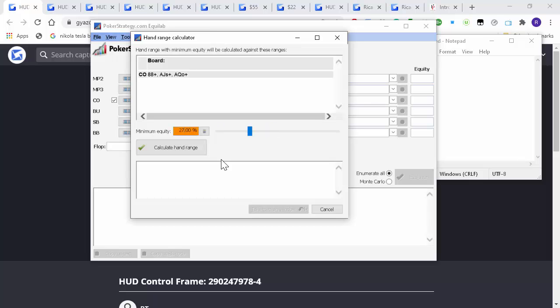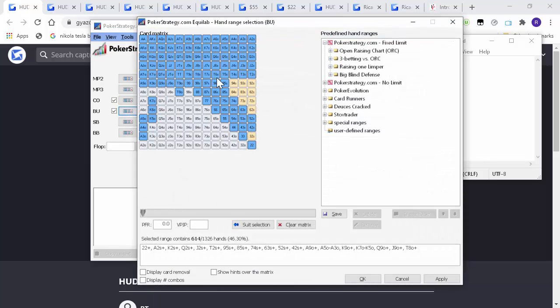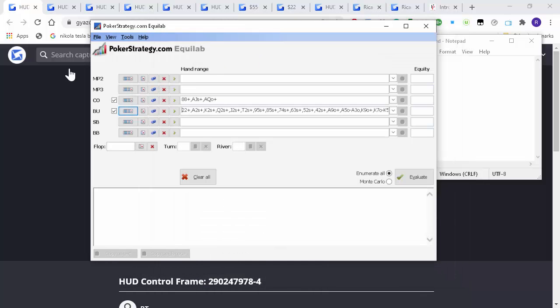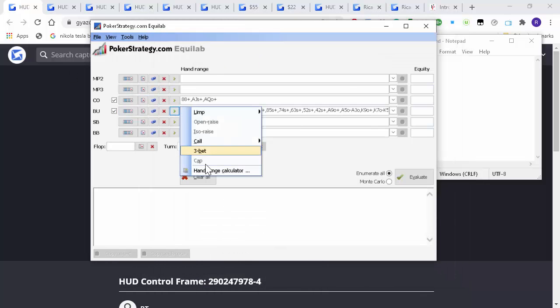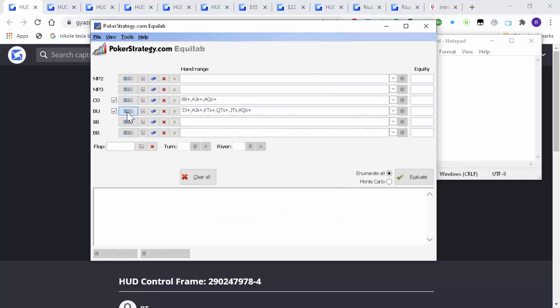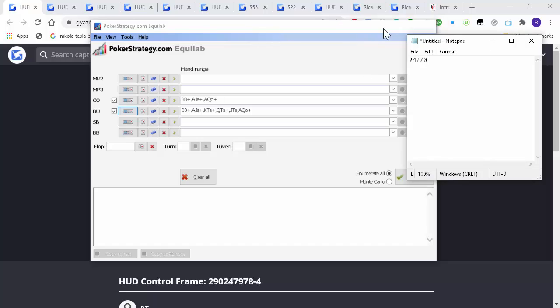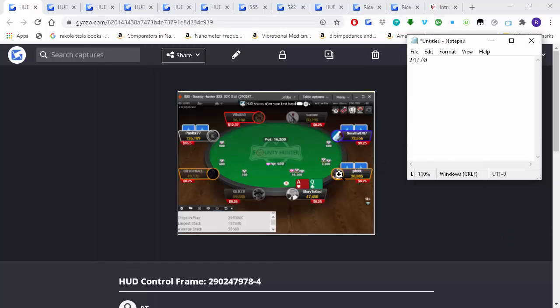Four minus 7 is 27. I call it insanely wide. Doesn't make sense for that big bet size.